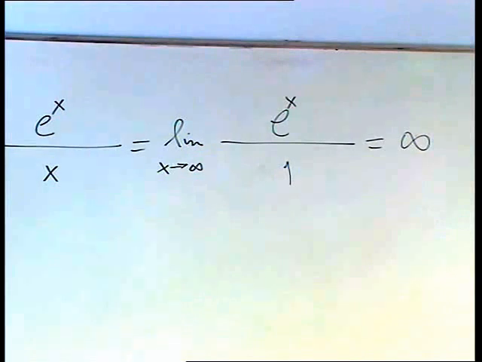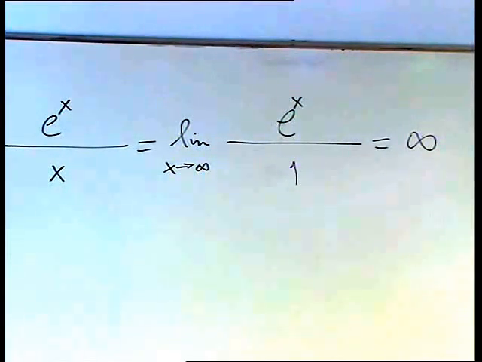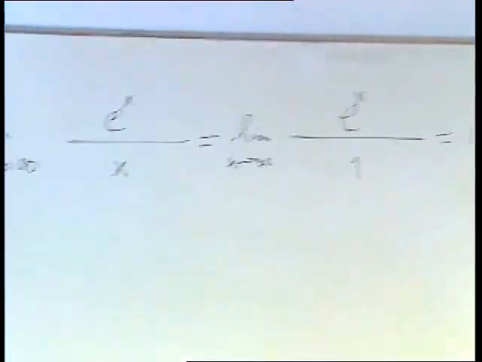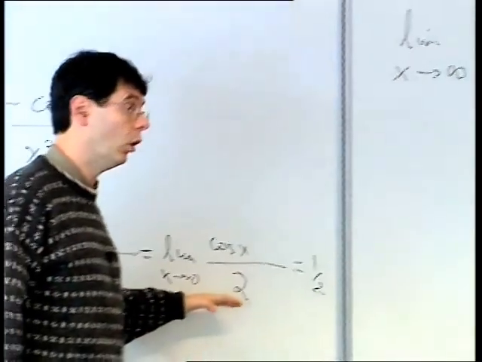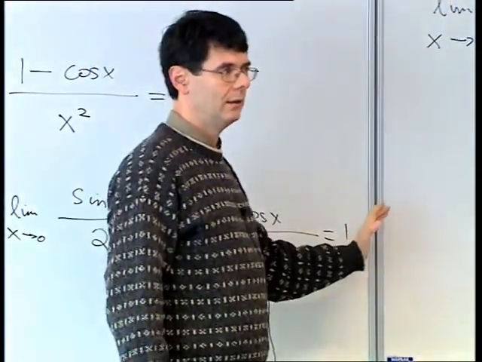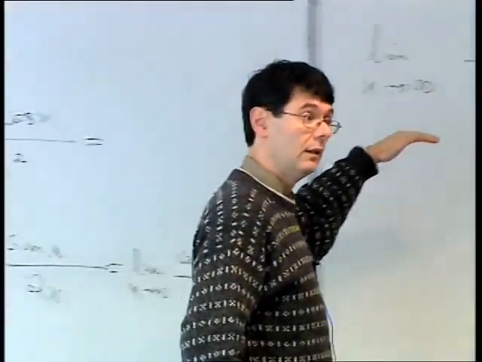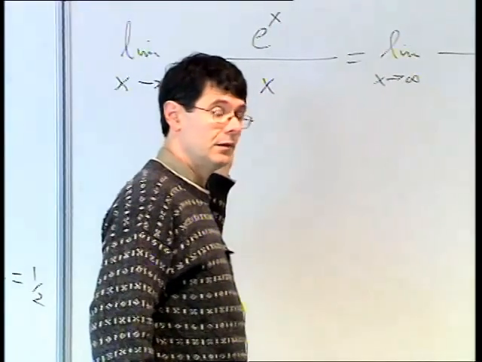You have to always check to see whether you are still doing 0 divided by 0. Because there's going to come a moment, hopefully, where you're not going to be doing 0 divided by 0 anymore. And then you can't keep using L'Hopital. L'Hopital is for 0 on 0 or infinity on infinity. Okay?